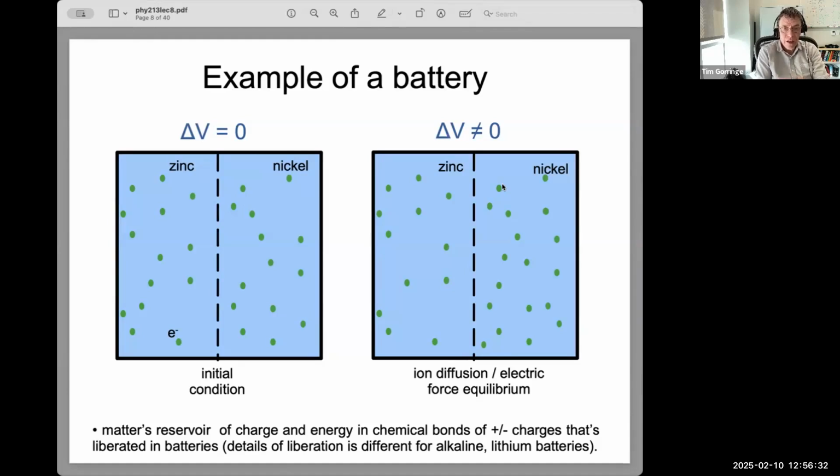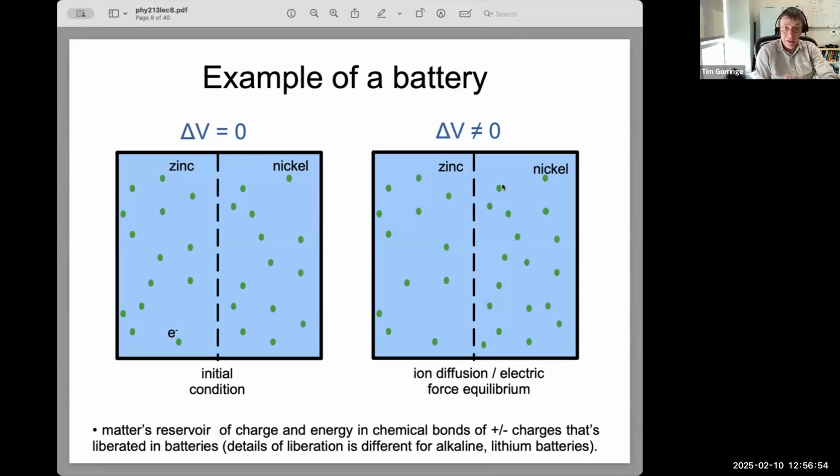It doesn't go on forever because as zinc electrons move into the nickel region, a potential difference due to the charges of the zinc and the nickel builds up.